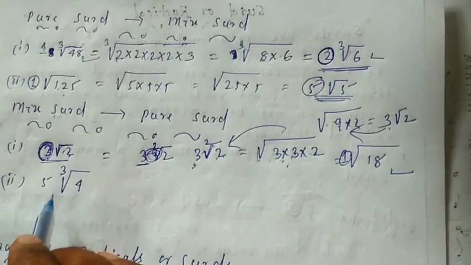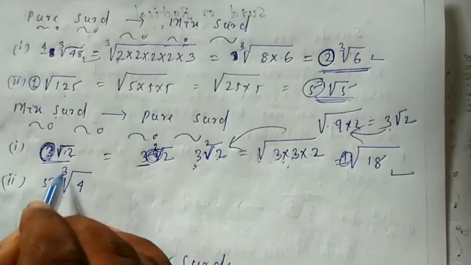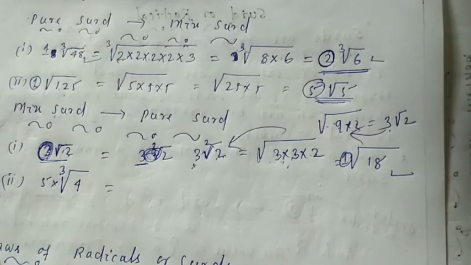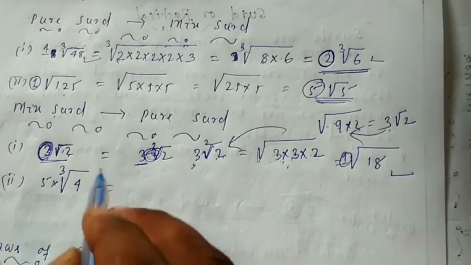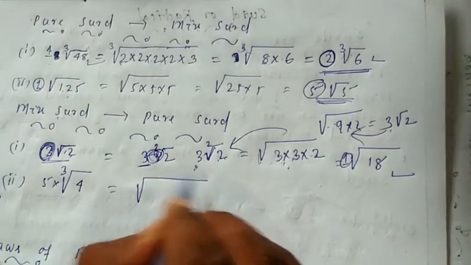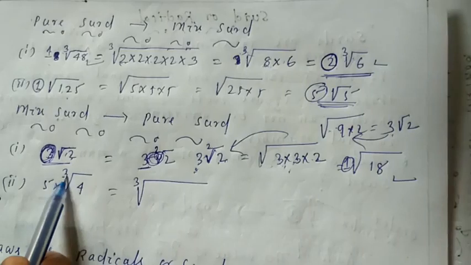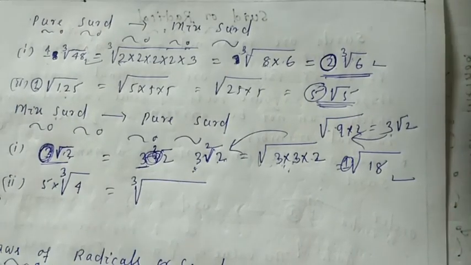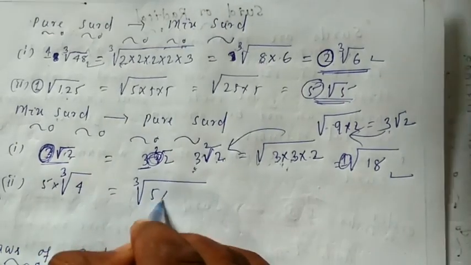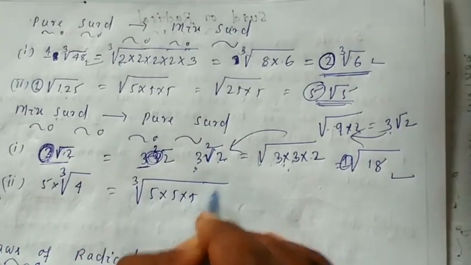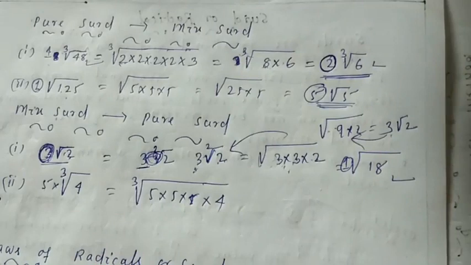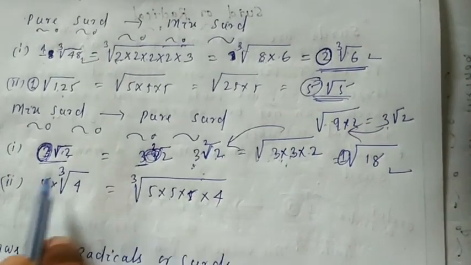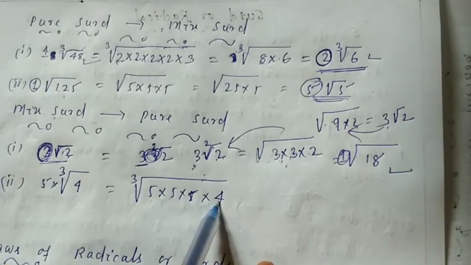I'll consider another example. 5 into cube root of 4 is an example of a mixed surd. I will convert it into a pure surd. Listen how. I will write cube root of, here the order is 3, that means 5 I have to multiply 3 times: 5 into 5 into 5 into 4. 5 into 5 into 5 is 125. So cube root of 125 is 5, and again cube root of 4.